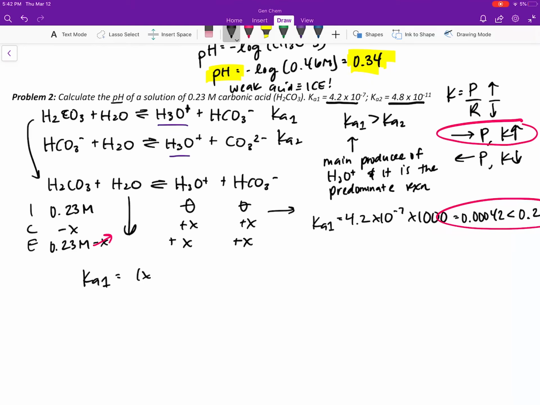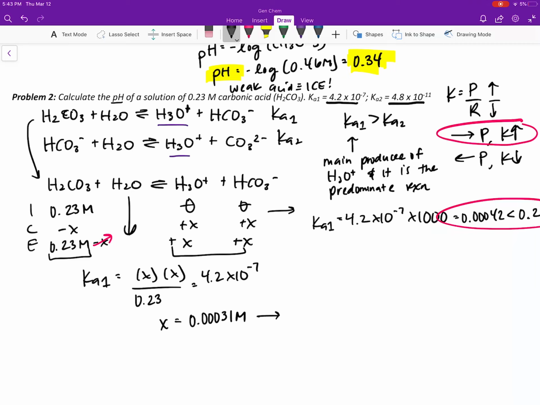Ka1 is equal to x times x, which are my products, divided by my reactant amount. I only have one, which is equal to my 4.2 times 10 to the negative 7th. I'm going to rearrange, solve for x, and I see that my x is equal to 0.00031 molar. This is the main contributor to the pH.